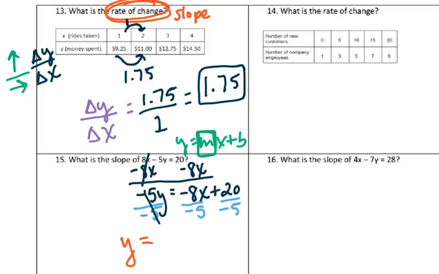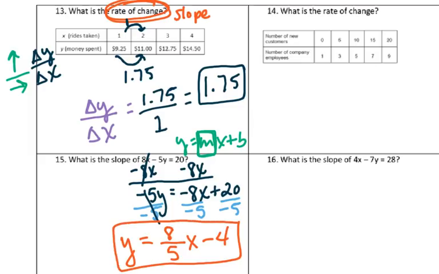Or negative 8, control divide, negative 5. The calculator will say that it simplifies to a positive 8 over 5. A negative over a negative is a positive. We always keep slope as a fraction. Don't make that a decimal. 20 divided by negative 5, that's easy. That's the number minus 4.